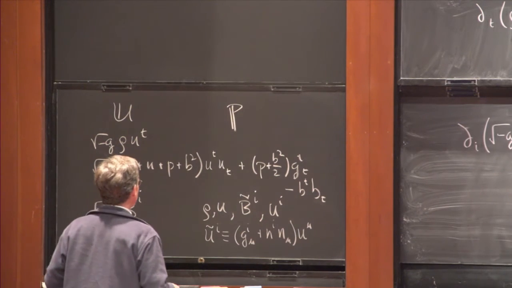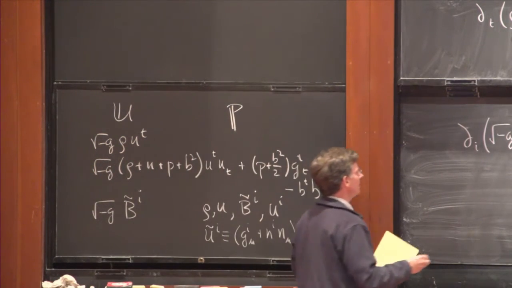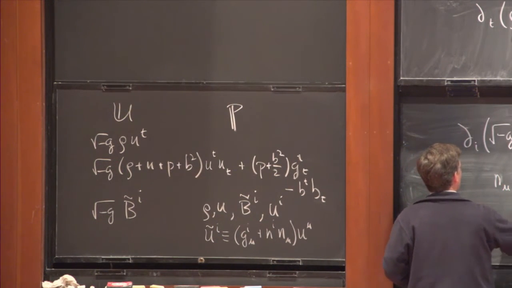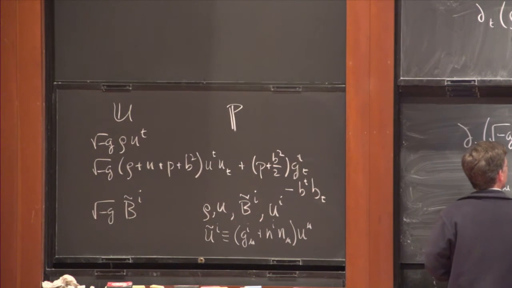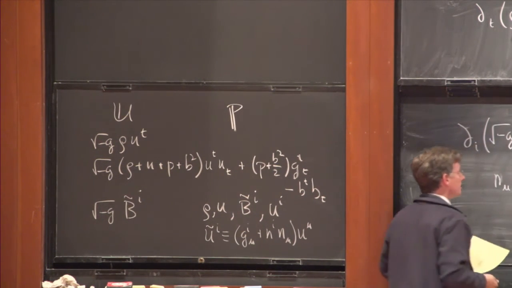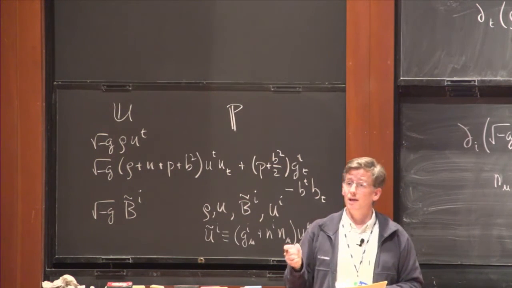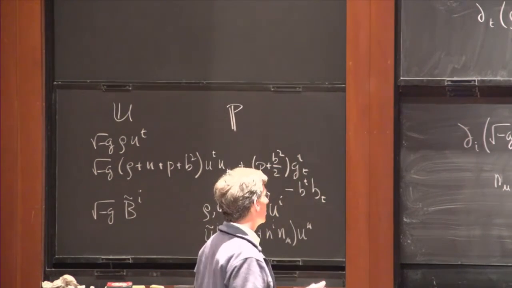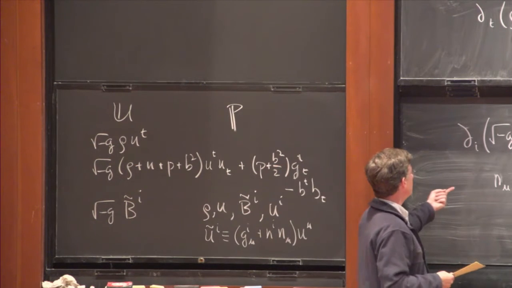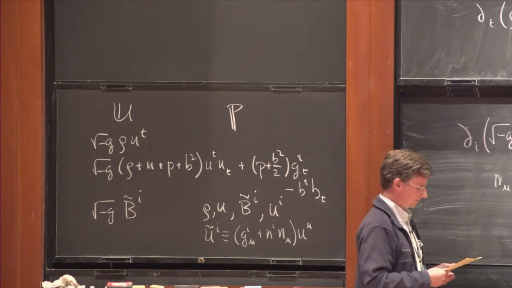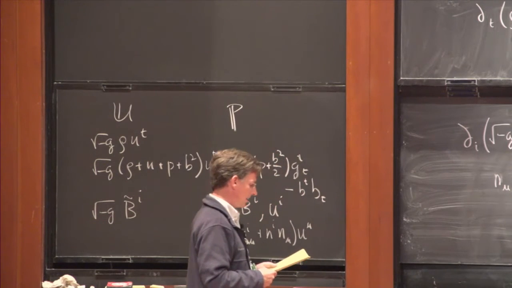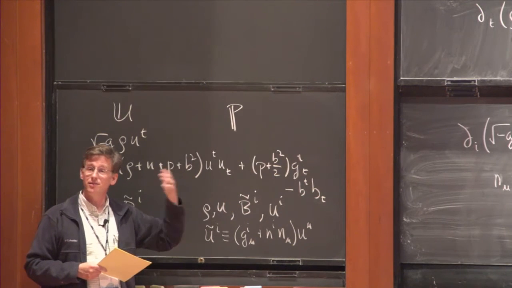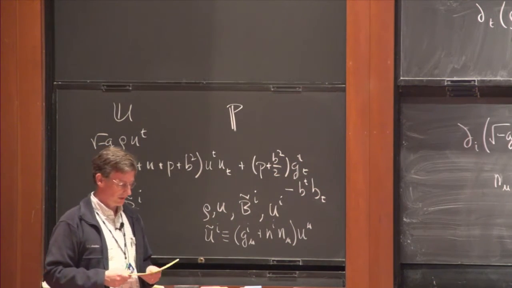The normal observer is guaranteed to be a physical observer, and it's the 4 velocity in which the space components of the 4 velocity are 0 in a coordinate frame when the indices are down. So this has the advantage that u_i tilde ranges from -infinity to +infinity. So it's a good set of variables.